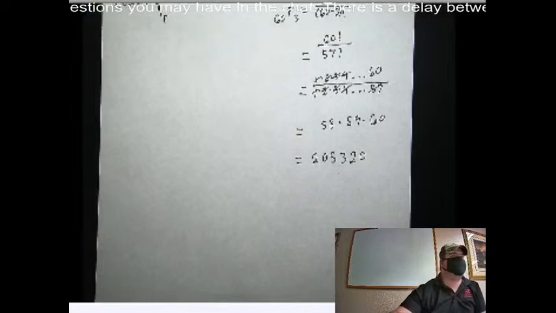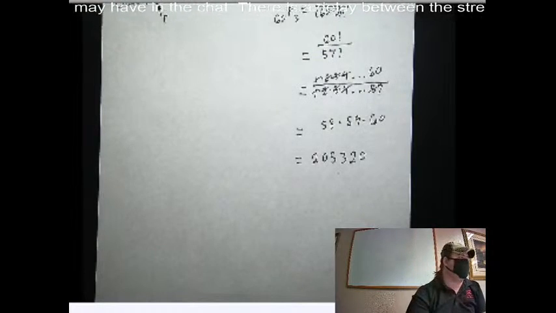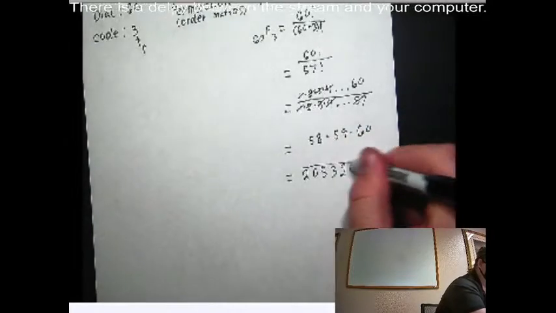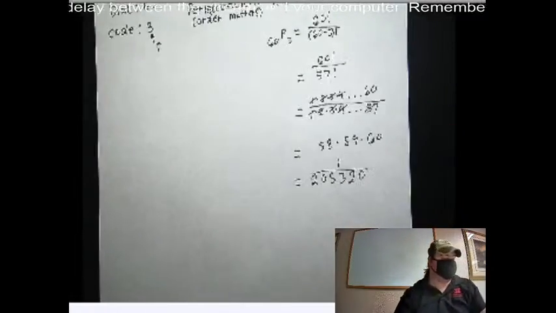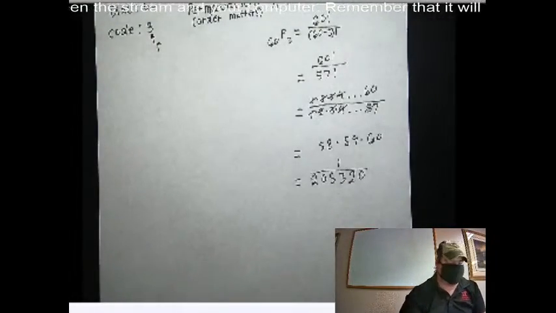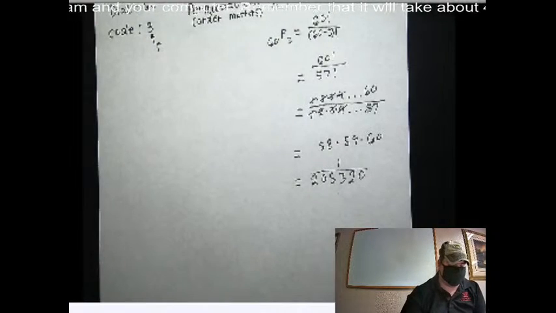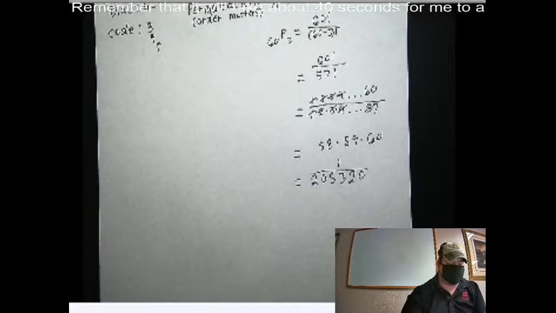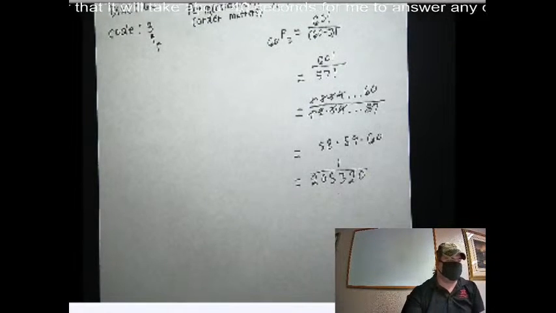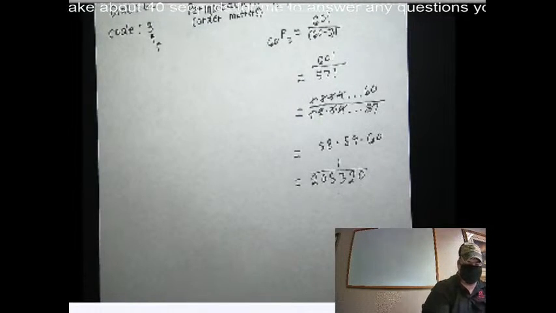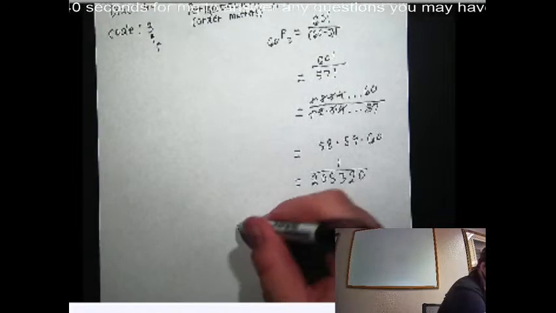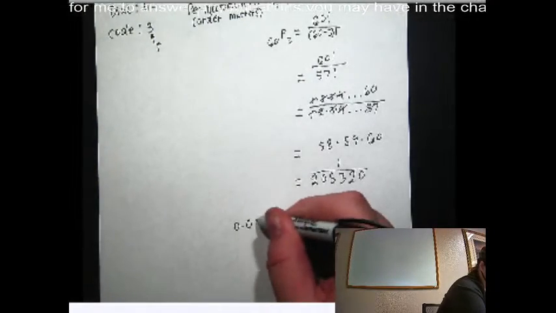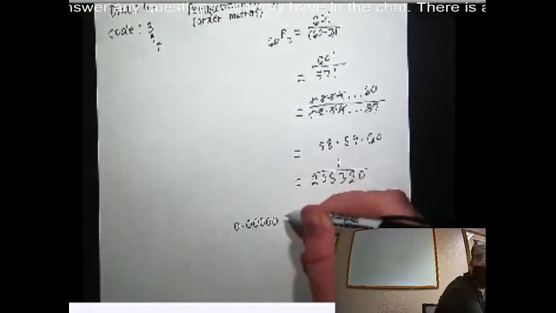So if somebody were to walk up to your locker and randomly put in a code, they would have a 1 in 205,320 chance. Well, let's see what that is as a percent. Oof. Pretty tiny. Let's see. That is 0.123456.